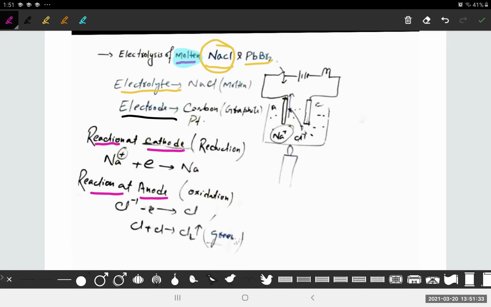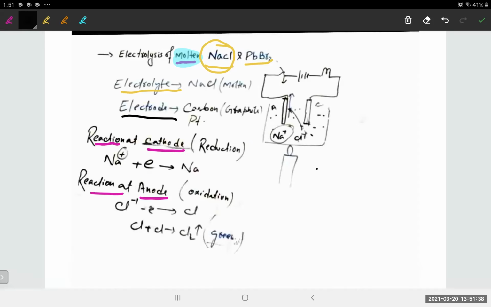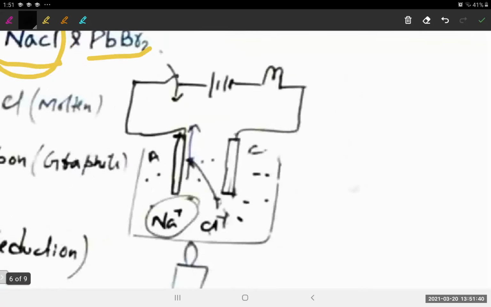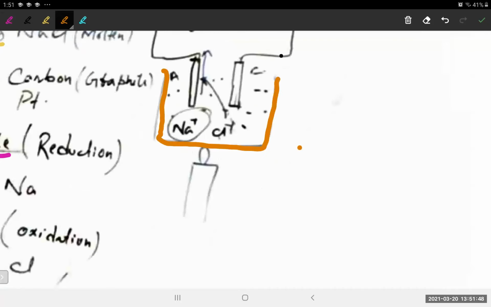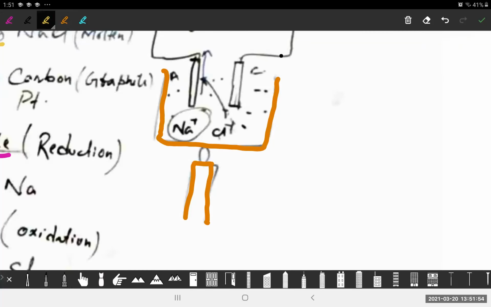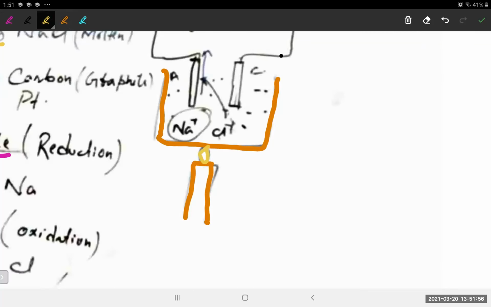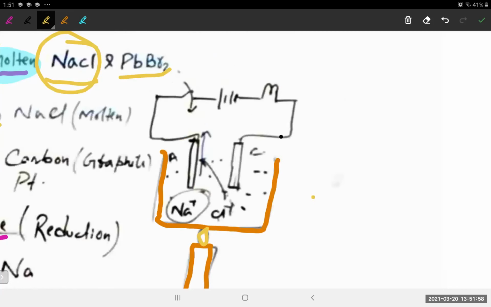Okay, now let's start. First of all, let's take a look at this vessel. Now what are we trying to do here? Here we have an electrochemical vessel, an electrolytic cell, and we have a candle or any source of combustion through which we can supply heat energy. Then we have two electrodes.